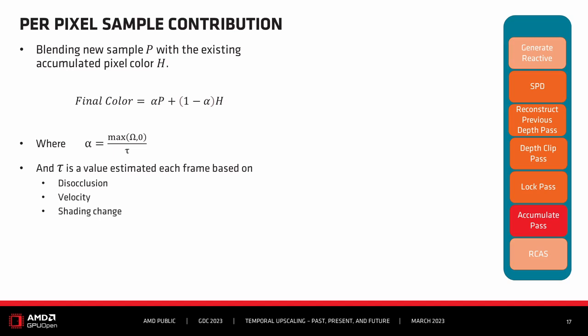So the history trust is determined by if the pixel was disoccluded, if the velocity is matching the current velocity we're seeing, or if there have been any shading change. And that concludes basically our accumulation.